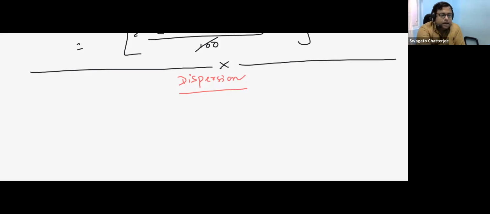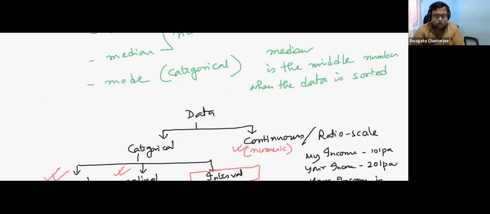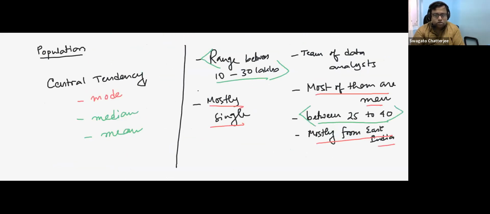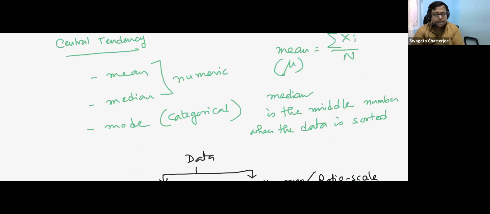There are different kinds of dispersion measures as well. First is range. We discussed range at the very first. At the very top, when I was talking about a range between 10 to 30 lakhs or between 25 to 40, Gaurav was answering that.